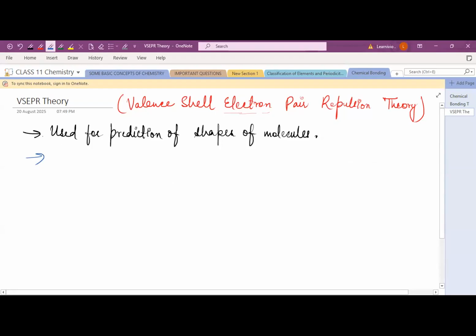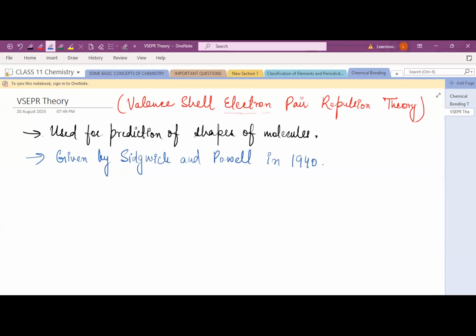VSEPR theory is given by two scientists named Sidgwick and Powell, in 1940. These two scientists suggested a basic theory.